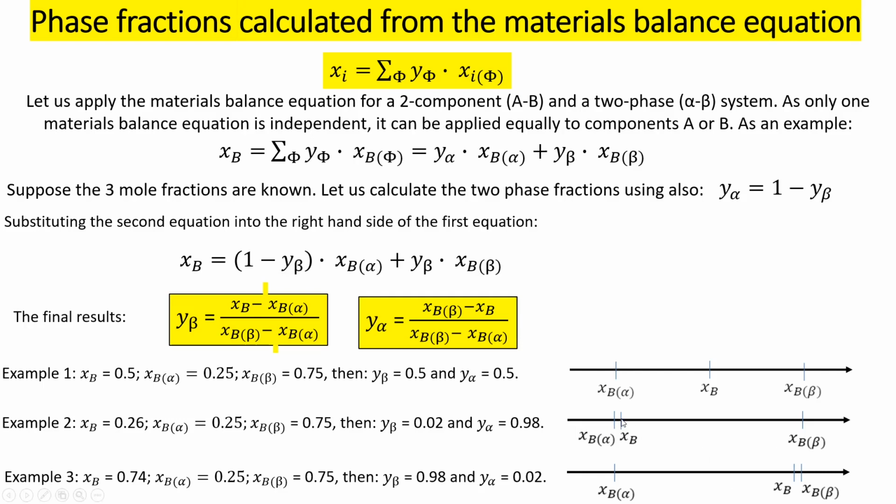And now if I see such a picture, then in my mind I am sure, before substituting into those difficult equations, that the result expected is anything between 0.9 and 1 for the Y alpha value, because XB is close to XB alpha and XB is far from XB beta.